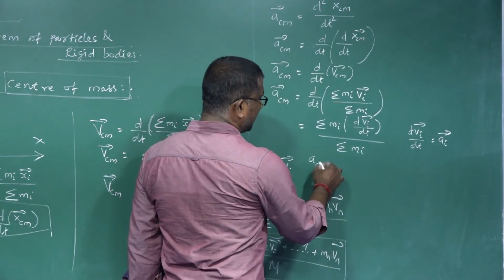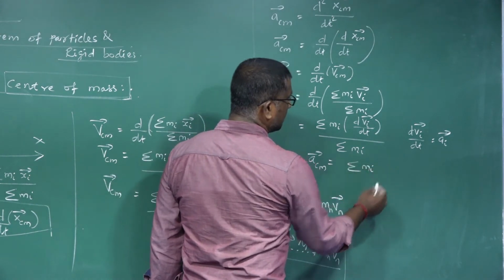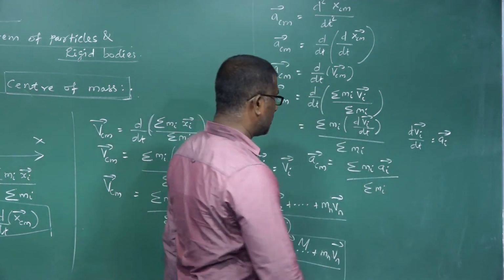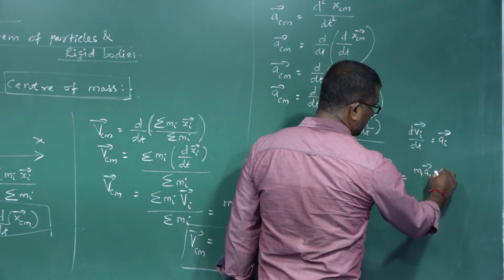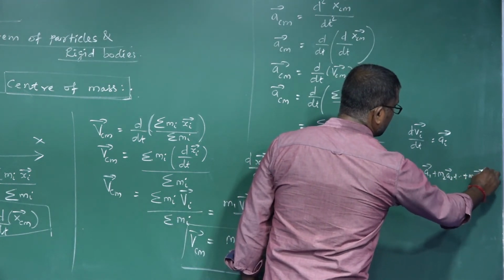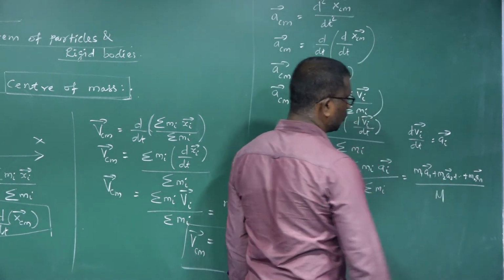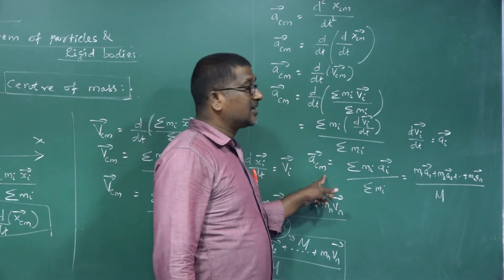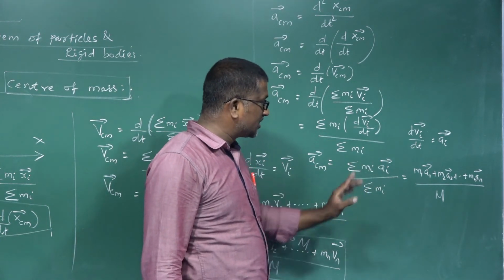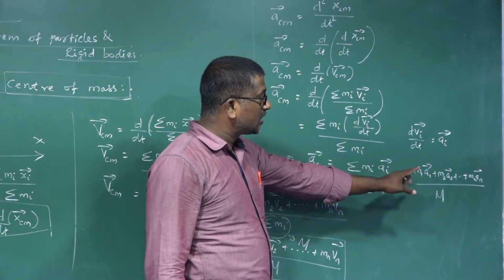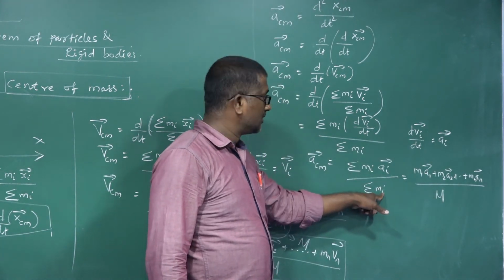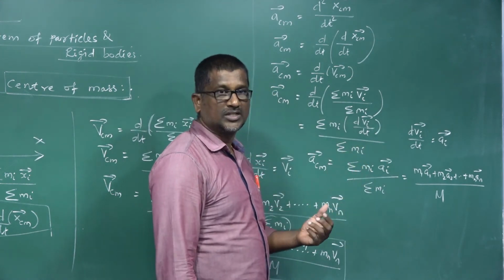So A_cm vector is equal to summation m_i a_i vector divided by summation m_i, or m1 a1 vector plus m2 a2 vector plus etc. plus mn an vector divided by capital M. Capital M is equal to summation m_i, the total mass of the rigid body.